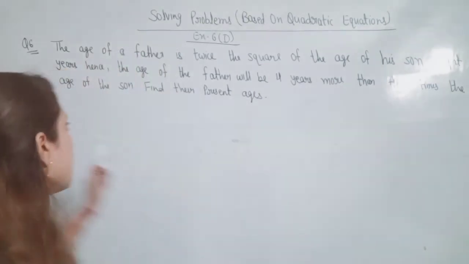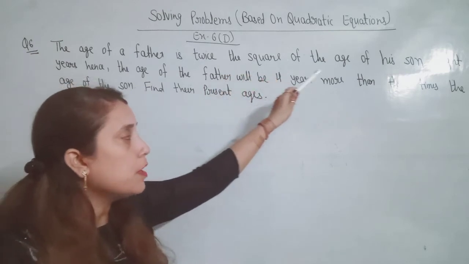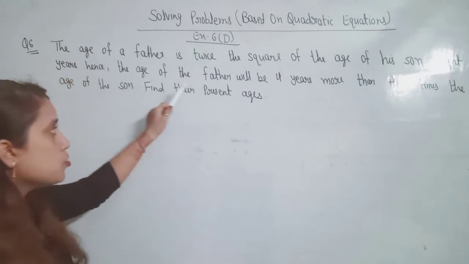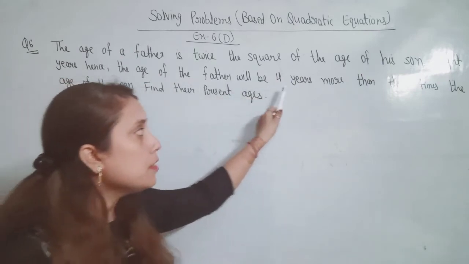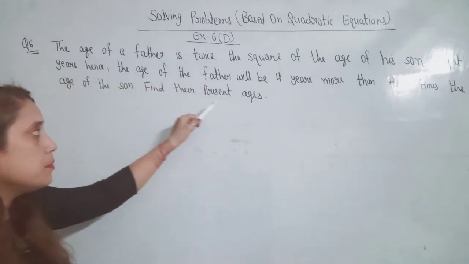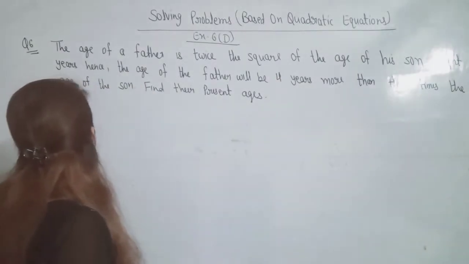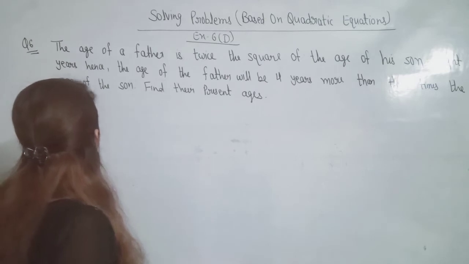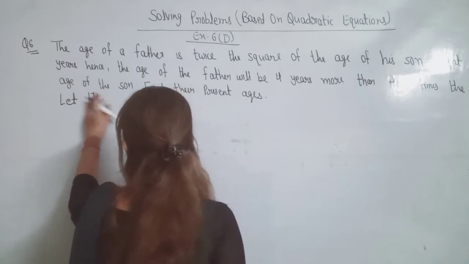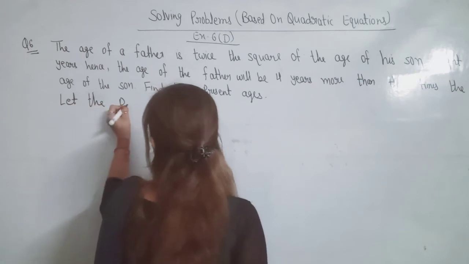Question number 6 says the age of a father is twice the square of the age of his son. 8 years hence the age of the father will be 4 years more than 3 times the age of the son. Find their present ages. So first we let the ages of son and father.